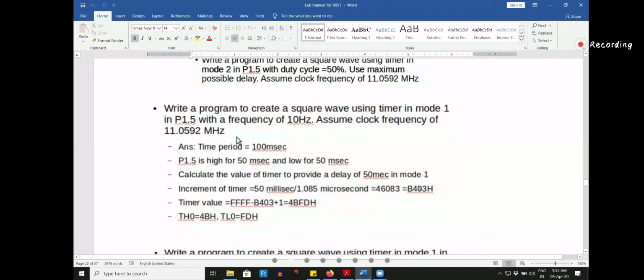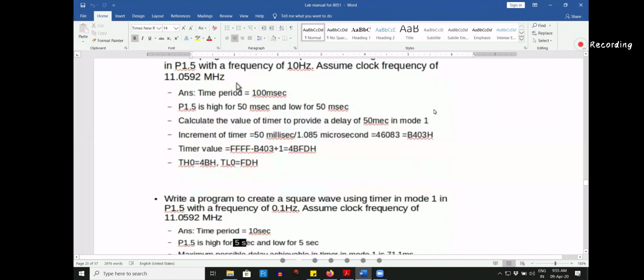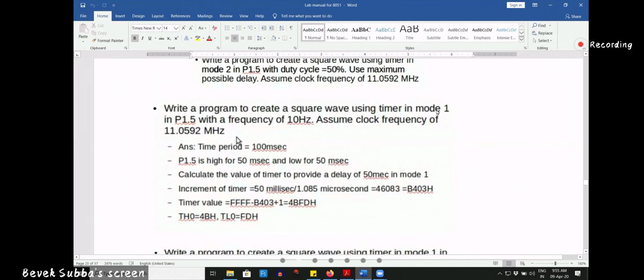Are you getting? Now since this is your mode 1, the highest maximum count will be FFFF. So FFFF minus this value plus 1. This is the formula. This will come to that final value. This value should be loaded in TH1 and TL1.